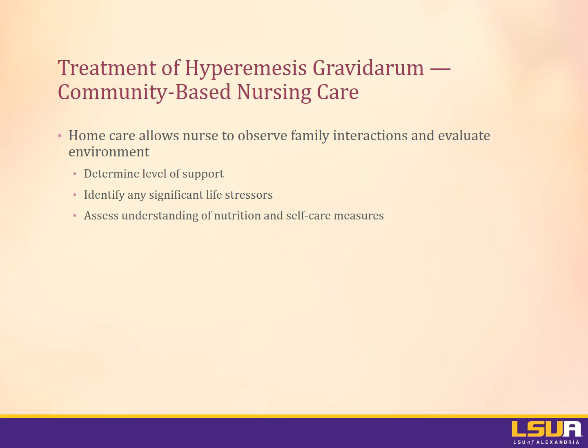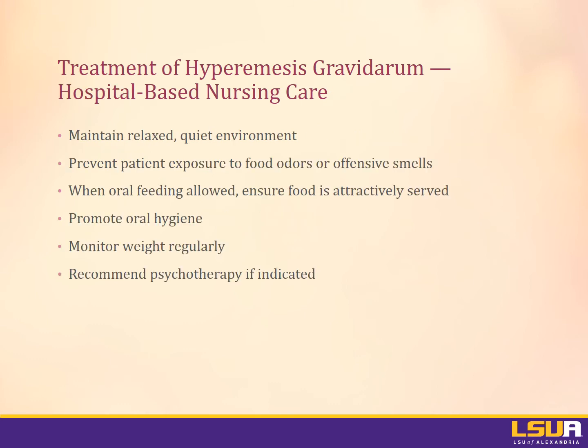Home care allows us to observe her family interactions and evaluate her environment, make sure she's got a good level of support, any kind of stresses that may be causing her to stay with hyperemesis, and we need to make sure she's got some good understanding of nutrition and self-care measures.